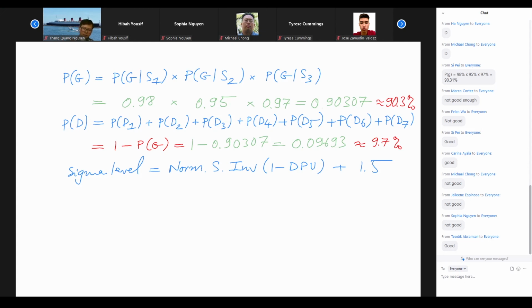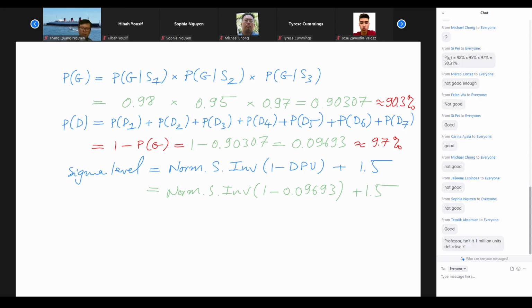So we would put the numbers in as the following. NORM.S.INV of 1 minus 0.09693, right, and add with that 1.5. So this equation has two separate parts.